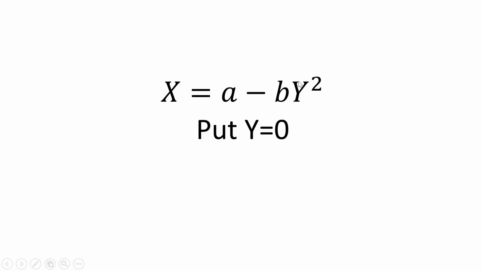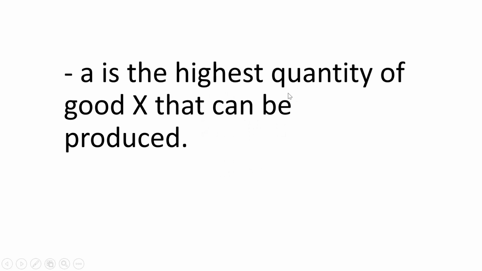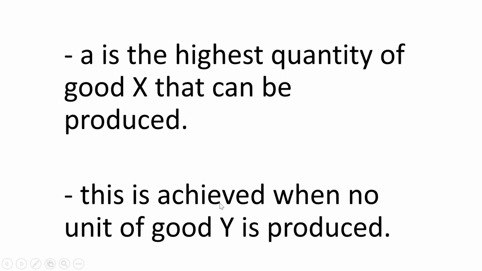When we put Y to 0, everything here is going to be 0, and X is going to be equal to A. That means if we are not producing any Y, we are going to get X equals A. So, A is the highest quantity of good X that can be produced. This is achieved when no unit of good Y is produced.